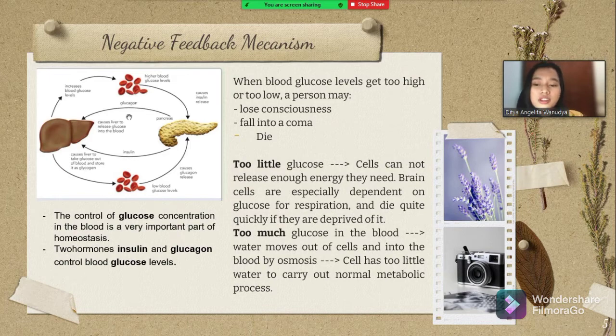The control of glucose concentration in the blood is a very important part of homeostasis. Two hormones, insulin and glucagon, can control blood glucose level.